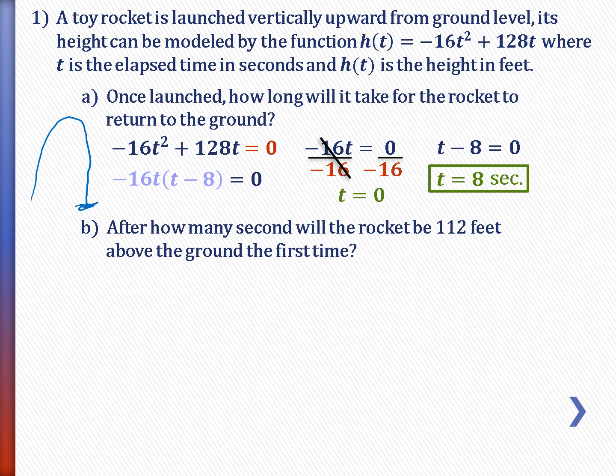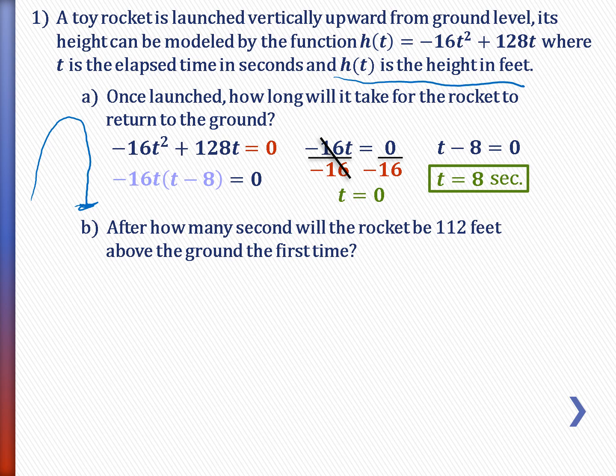Part B wants to know, after how many seconds will the rocket be 112 feet above the ground the first time? So I want to know when the height is going to equal 112. That means I'm going to take h of t and set that equal to 112.